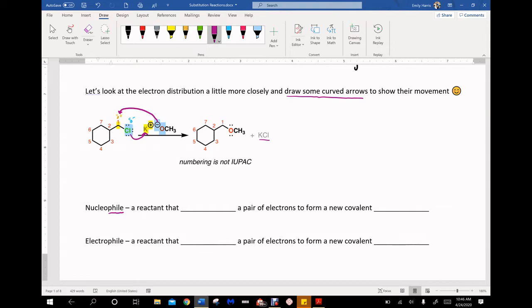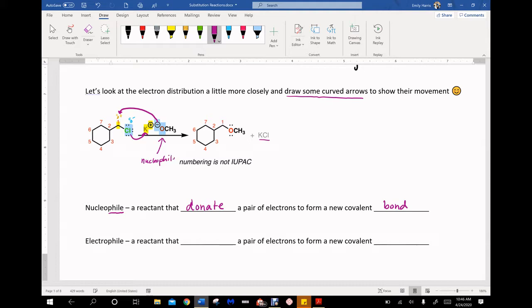The nucleus of something is positively charged, and so nucleophiles like to interact with things that are positively charged. That's because they are reactants that tend to donate electrons to form a new covalent bond. For example, in our picture here, the OCH3 would be considered a nucleophile.